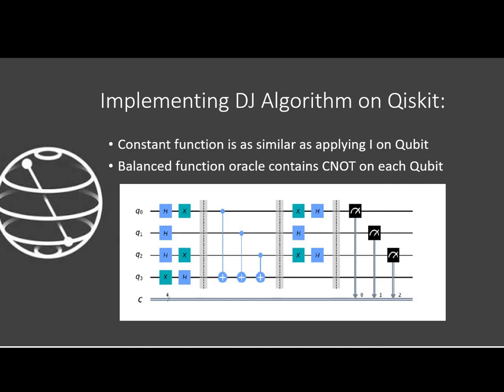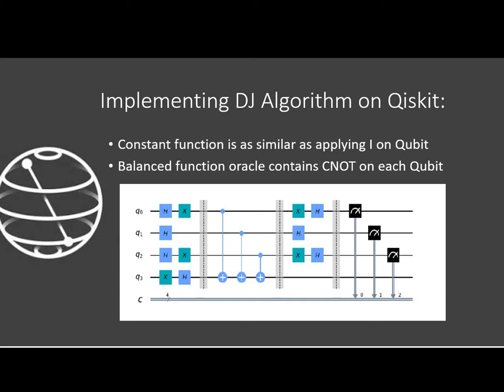Now we implement the Deutsch-Jozsa algorithm with Qiskit. First we need to theoretically understand what actually happens when we apply the Deutsch-Jozsa algorithm. If the function is constant, then nothing actually happens, and the input equals the output.